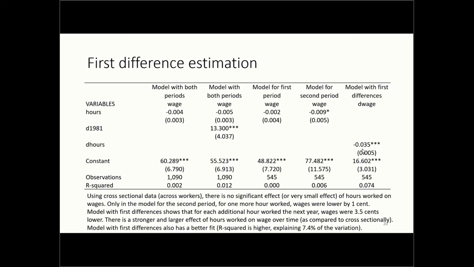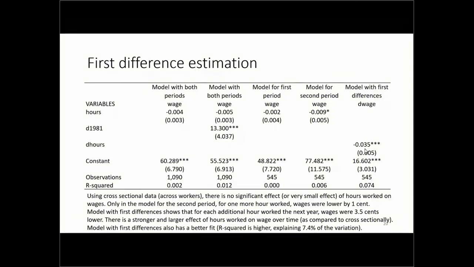So notice that this coefficient here is interpreted over time for the same person, whereas this coefficient was interpreted across the individuals for the second period. So in this particular case, not always, but in this particular case, we have stronger significance and a stronger effect of this coefficient.